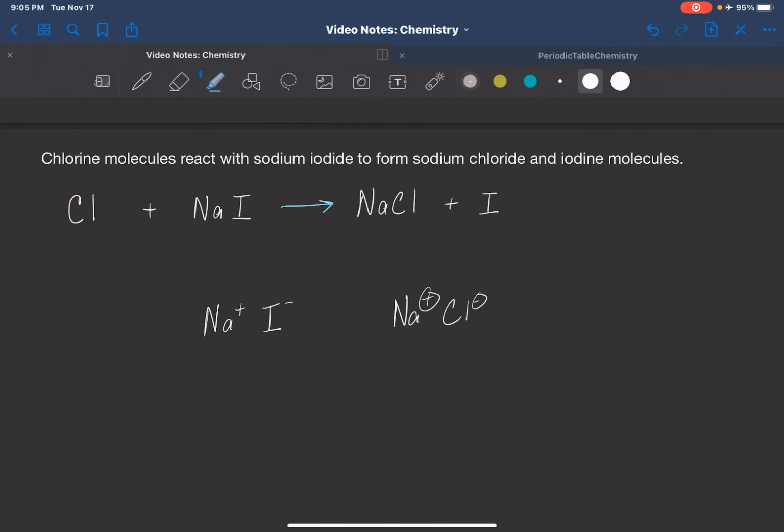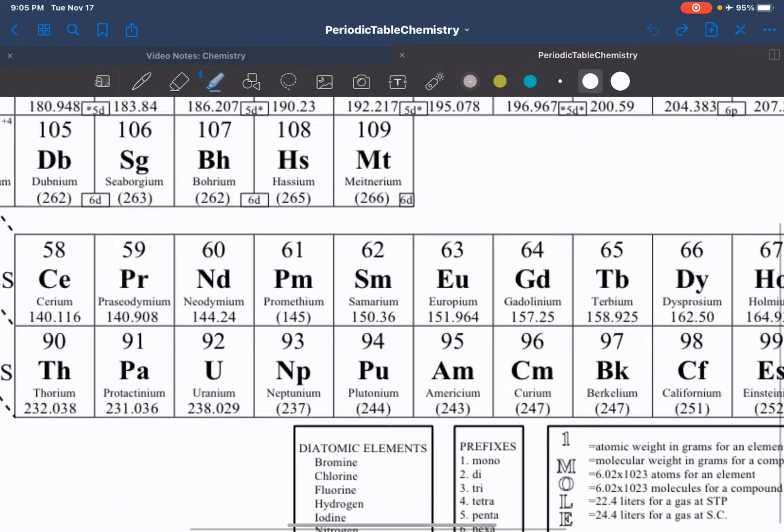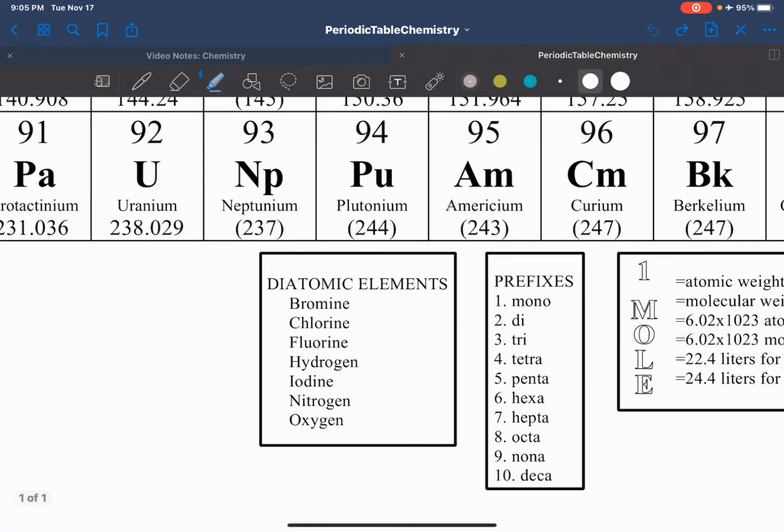Now, looking at this, here is something that is extremely important. Whenever you see any kind of elements like this that are by themselves, not combined with anything else, until you get used to this, you always want to go to your periodic table, and you'll notice down here that there is an entire list of what we call diatomic elements.